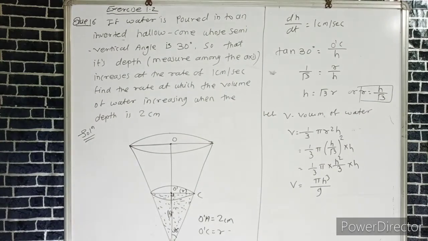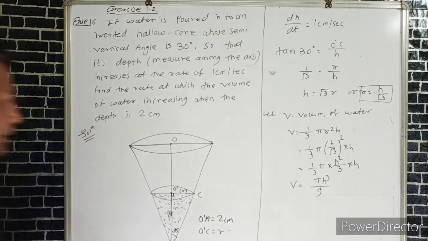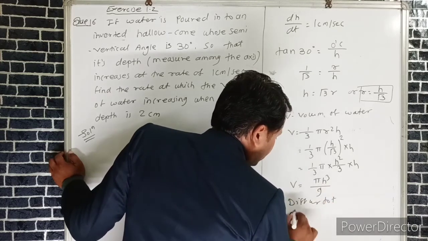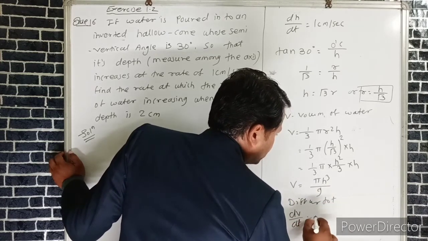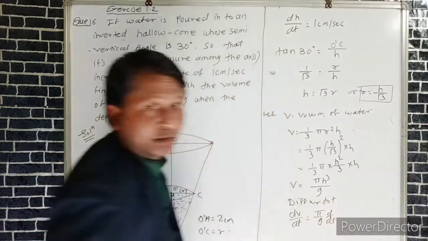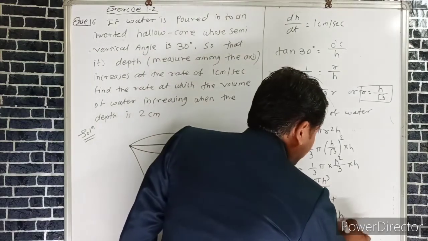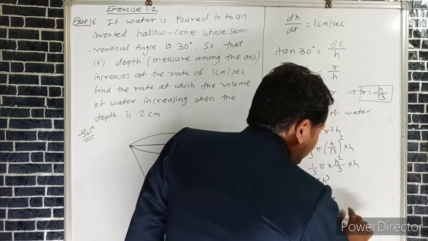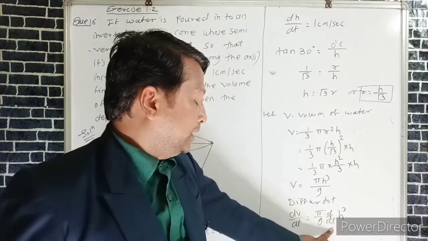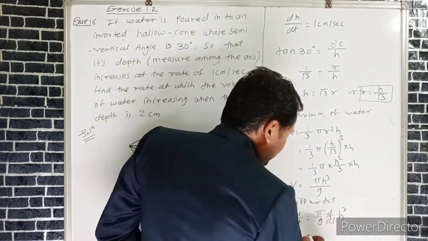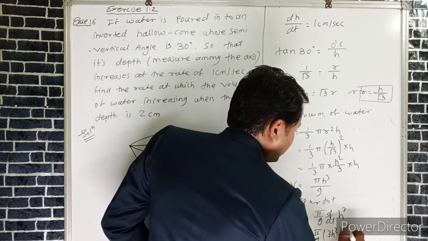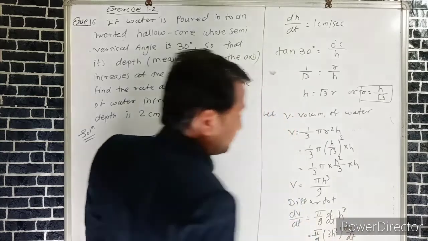So if we differentiate with respect to t, we can write dV upon dt is equals to pi by 9 into derivative with respect to t of H cube. If we consider H to be a differentiable function of t as parameter, we can write pi by 9 into 3H square into dH upon dt.